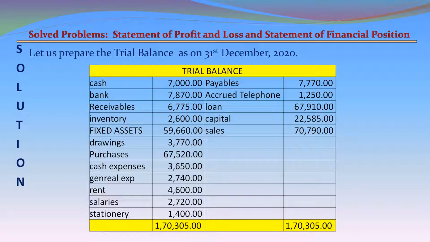On the credit side, payables 7,770, accrued telephone 1,250, loan 67,910, capital 22,585, sales 70,790, total credits 170,305.